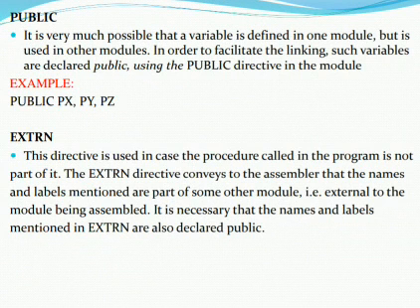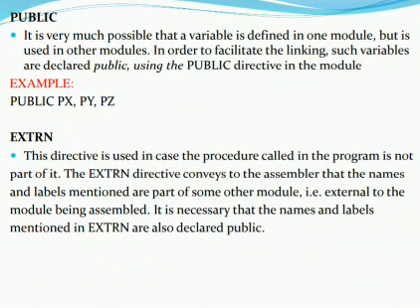In order to facilitate the linking, such variables are declared as public using the PUBLIC directive. See the example, PUBLIC PX, PY, PS. It can be used in any of the modules in the program, which is why they are called public directives.